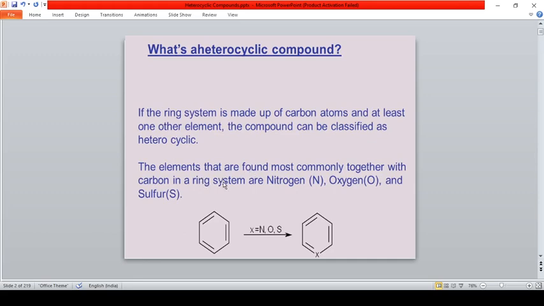Alright, now the most commonly found heteroatoms can be nitrogen, oxygen, sulfur, phosphorus, arsenic.